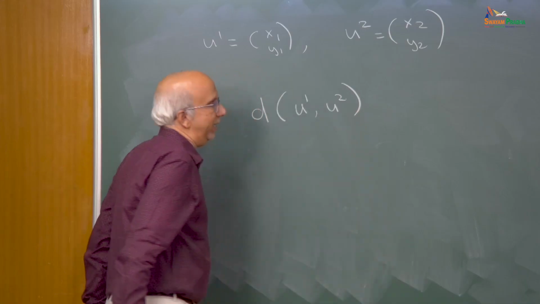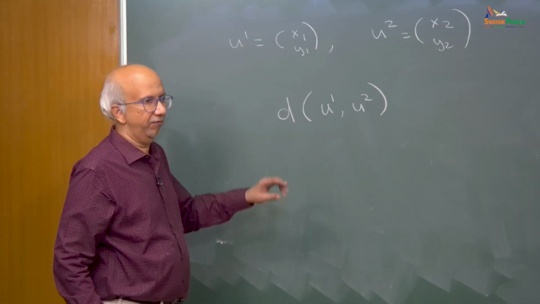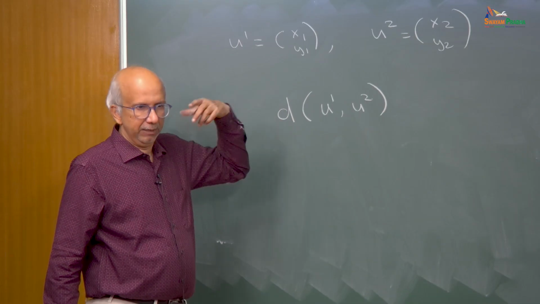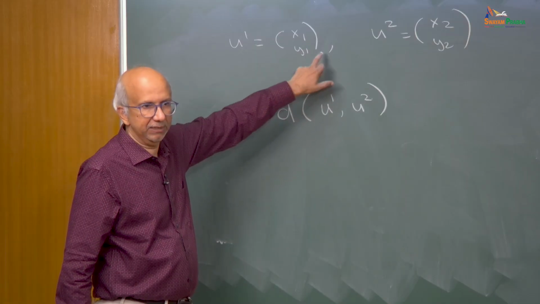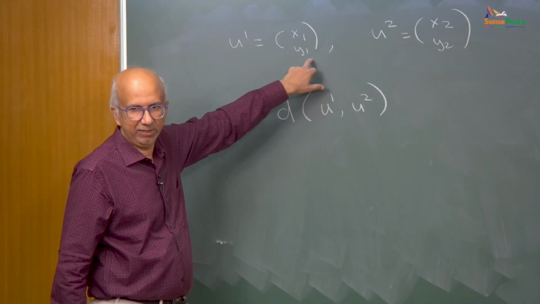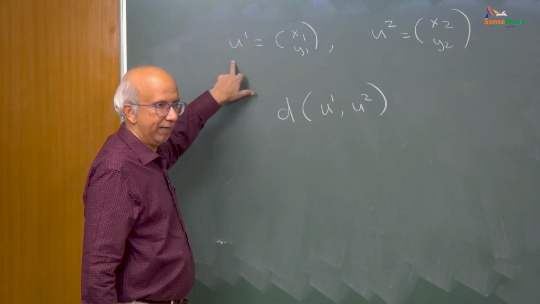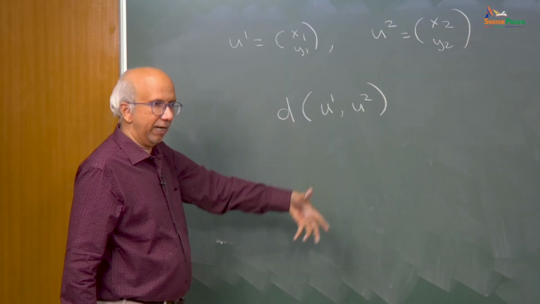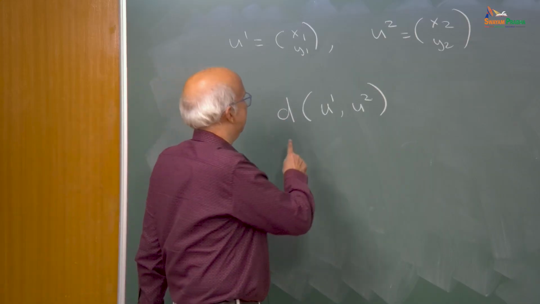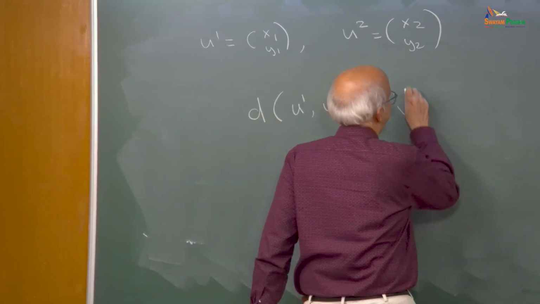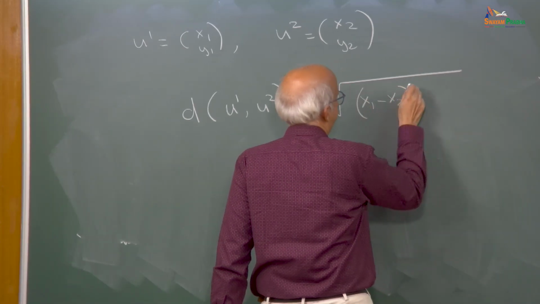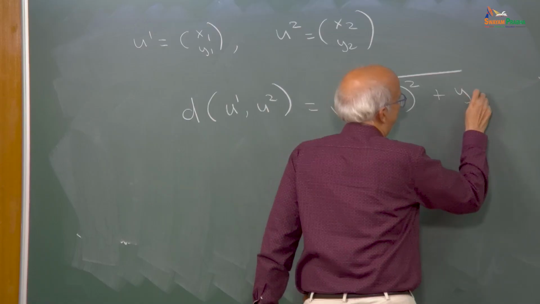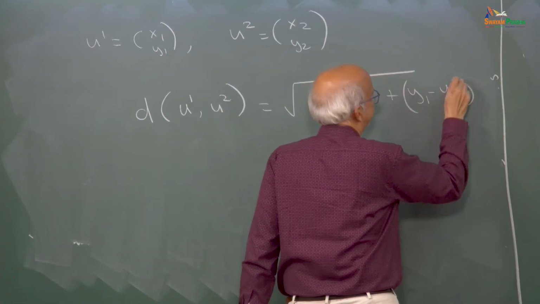I am going to try and stick to this notation where the superscript tells you the ith vector, the subscript tells you the coordinates. The subscripts are used for coordinates which are the elements in the vector, and superscript is for the ith vector. What is the distance between these two? We write it as x1 minus x2 whole squared plus y1 minus y2 whole squared.